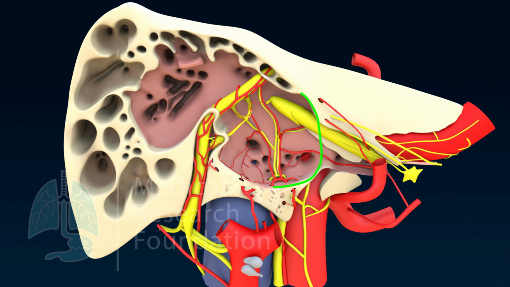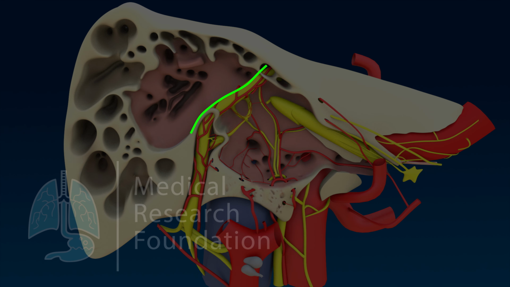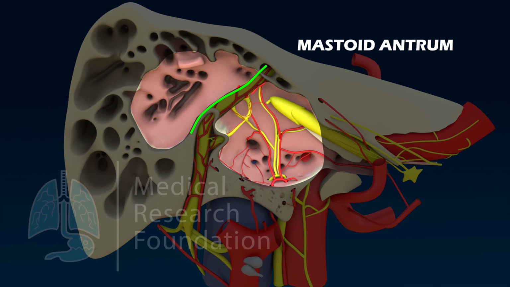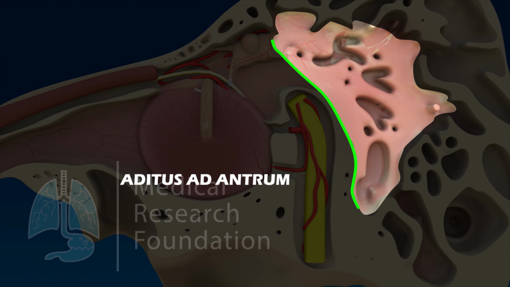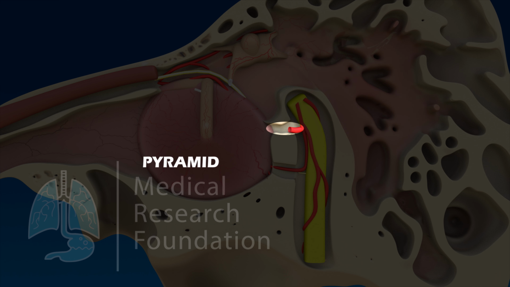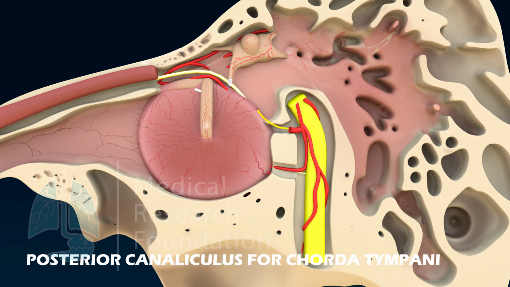In the lower part, it separates the cavity from the internal carotid artery. The posterior wall separates the tympanic cavity from the mastoid antrum. The posterior wall presents the following features: aditus ad antrum, fossa incudis, pyramid, vertical part of facial canal, posterior canaliculus for chorda tympani.